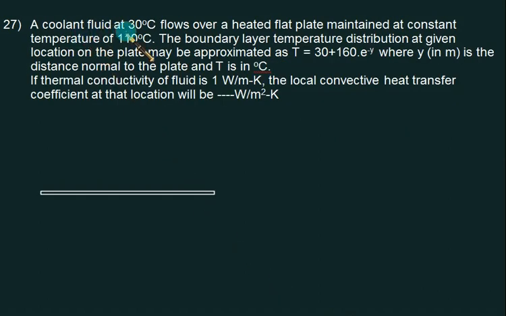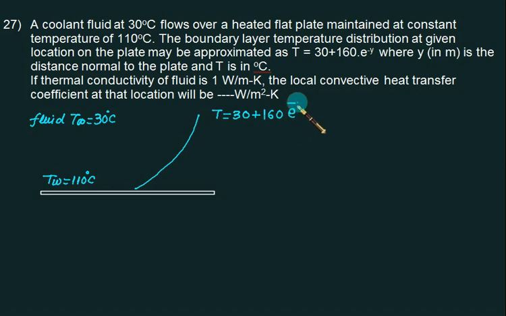A coolant fluid at 30 degrees Celsius flows over a heated flat plate maintained at constant temperature of 110. TW is given as 110. This is the wrong answer. The temperature distribution is given as 30 plus 160 into e to the power minus y. If we use this distribution at y equal to 0, we'll get the answer equal to 190. So 110 is the wrong answer.